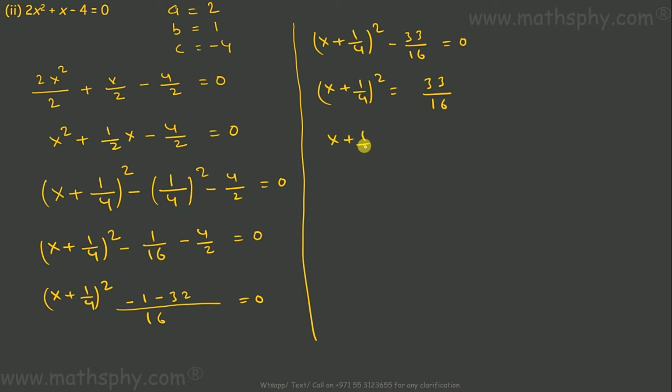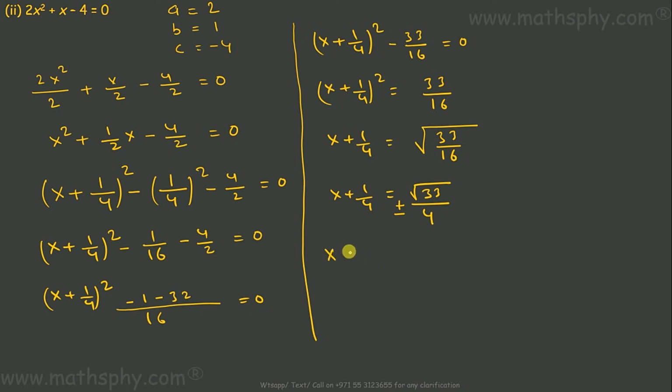X plus 1 over 4 equals root 33 over 16. So x plus 1 over 4 is equal to, 33 stays inside. So this would be root 33 over 16, which would be plus minus 4.